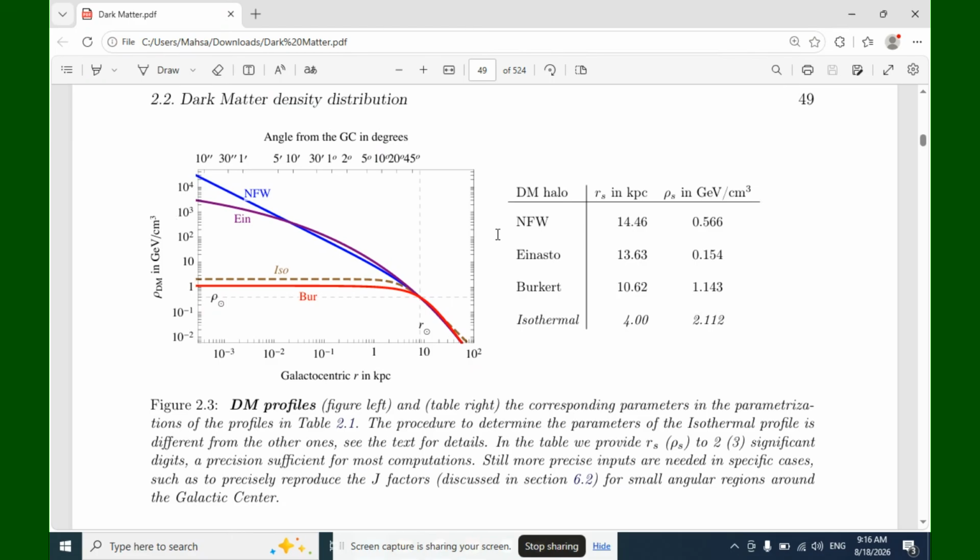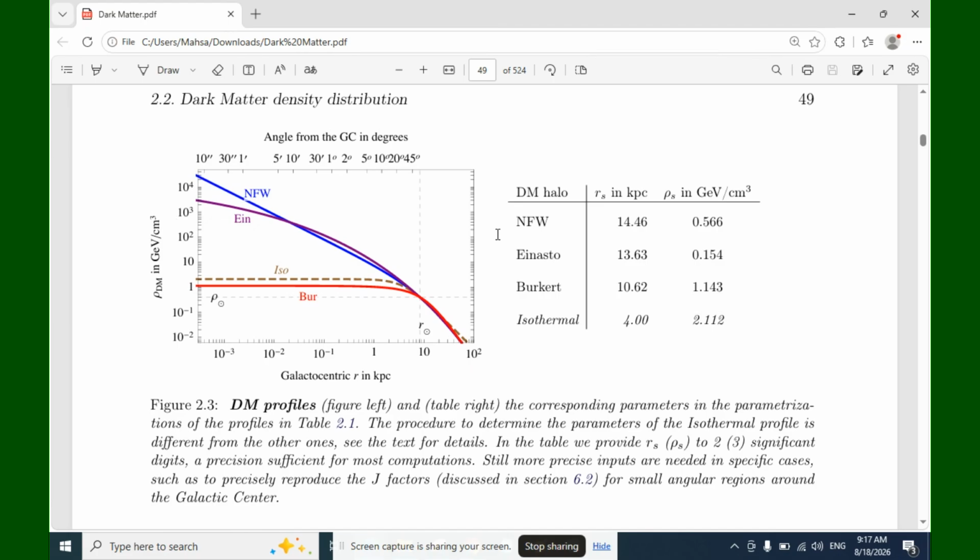In the table, we provide r_s and rho_s to 2 and 3 significant digits, a precision sufficient for most computations. Still more precise inputs are needed in specific cases, such as to precisely reproduce the J factors discussed in section 6.2 for small angular regions around the galactic center.